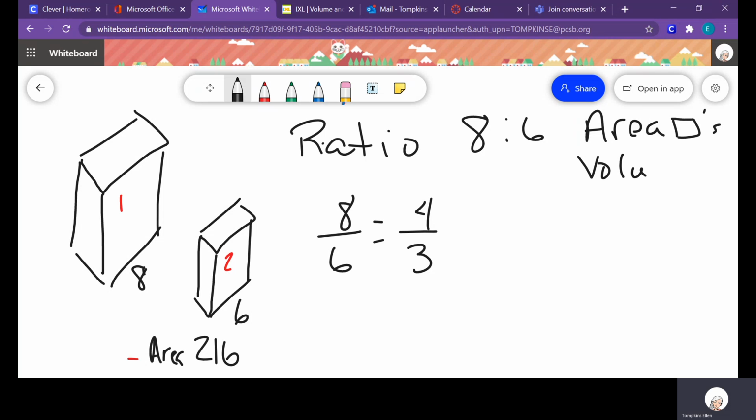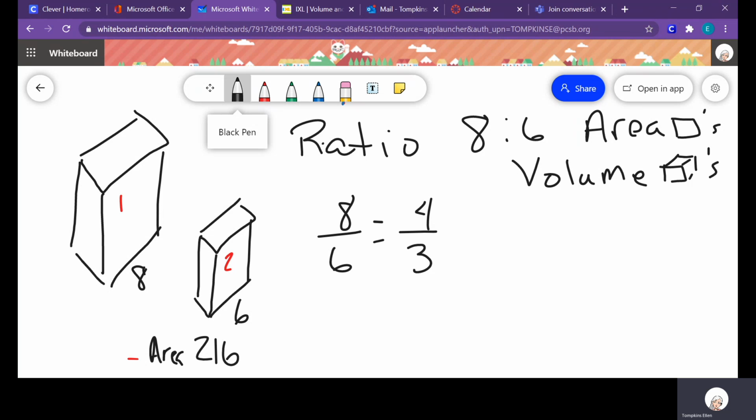Volume cubes it. That's a pretty terrible looking cube, but let me fix that for you. So the volume will cube it.